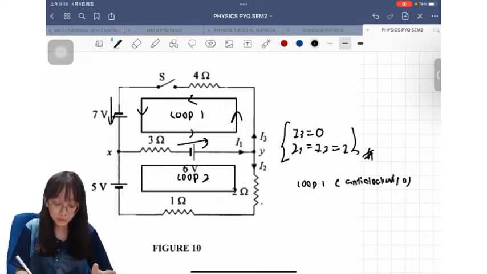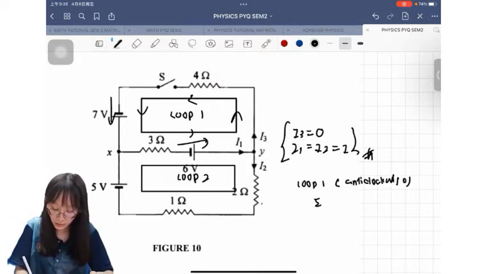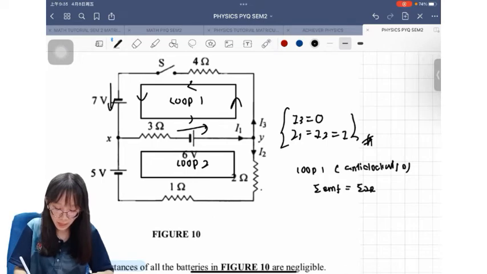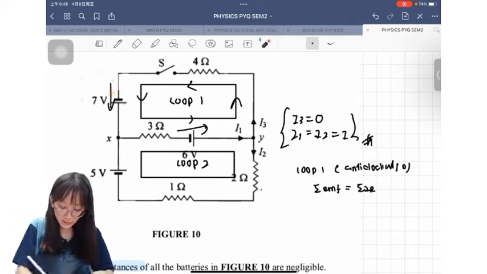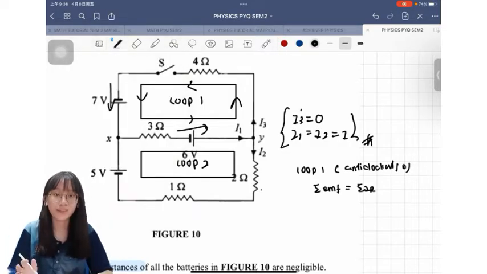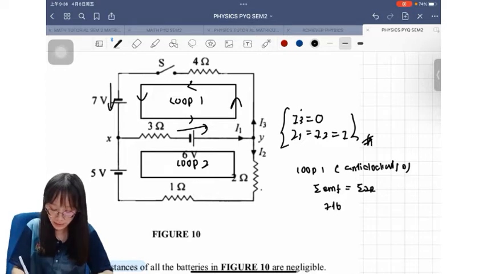The total EMF will equal total IR. So the total EMF is this 7 plus this 6. There is no need to put a negative because the 7 and 6 volt follow the direction.